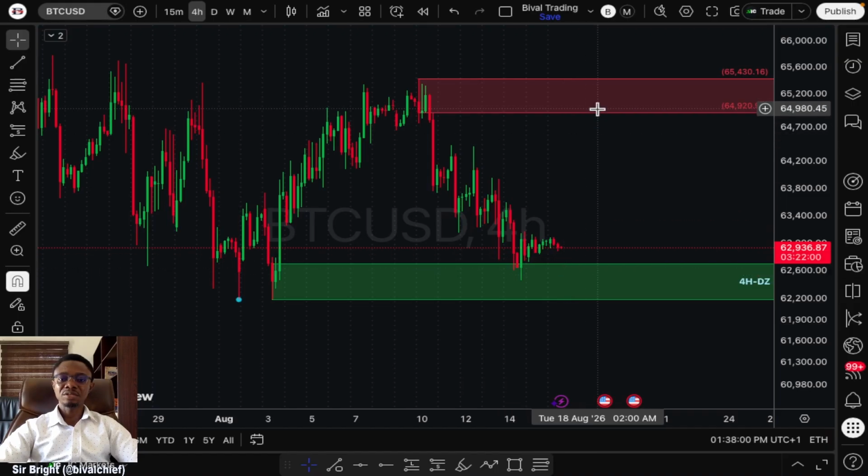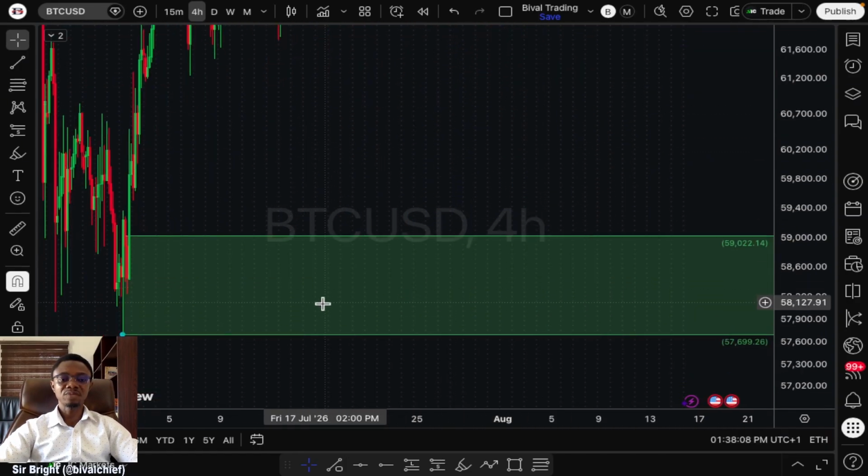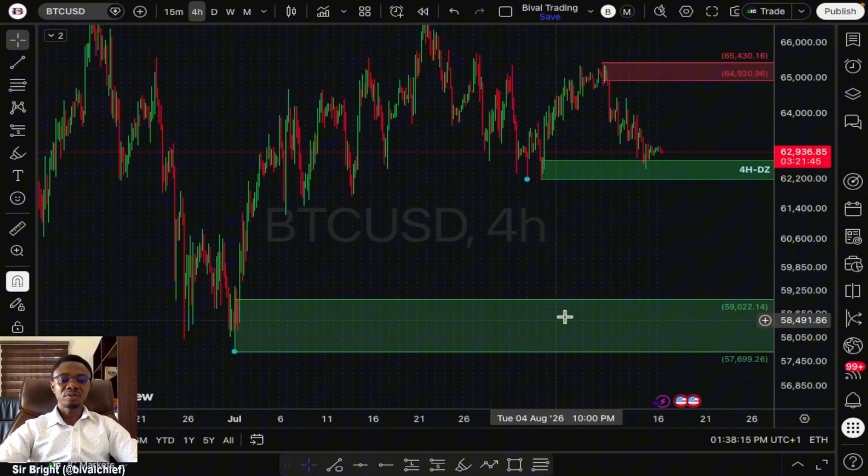Targeting this supply. As you get to that supply, I'll also look for a short opportunity to target that overall demand zone, which also corresponds with this 4 hours demand. So my interest mainly is in this daily and 4 hours demand zone at this 59K level.